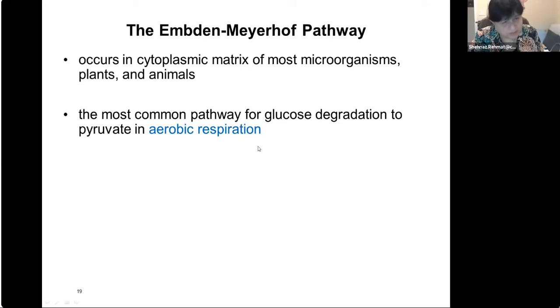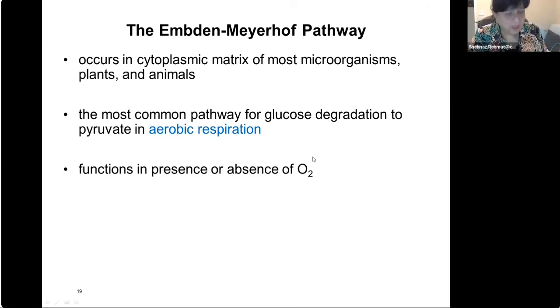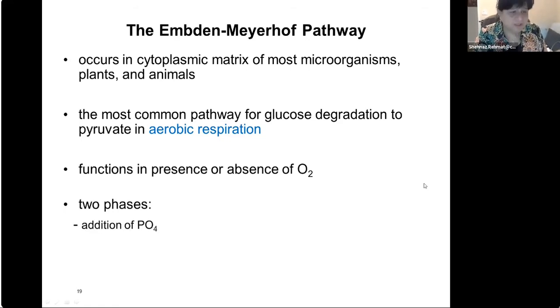In aerobic respiration, where oxygen is required, the main pathway that operates in those cells is usually EMP. But it also functions in the absence of oxygen, so it does not require oxygen. It can function in both ways, but this is the most common one where aerobic respiration is occurring.